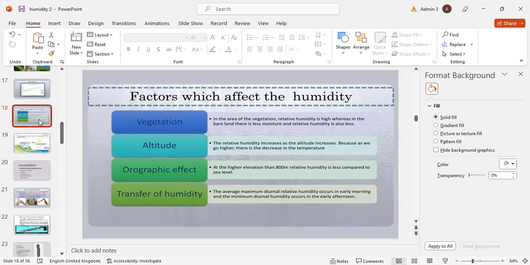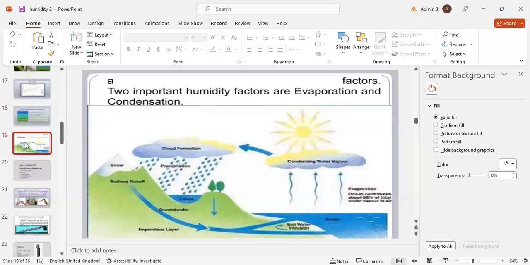At elevations higher than 800 meters, relative humidity is less compared to sea level. Transfer of humidity. The average maximum diurnal relative humidity occurs in the early morning and the minimum diurnal humidity occurs in the early afternoon. Two important humidity factors are evaporation and condensation.